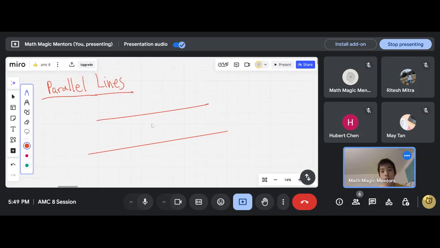So before we get started, two lines are parallel if they don't intersect.